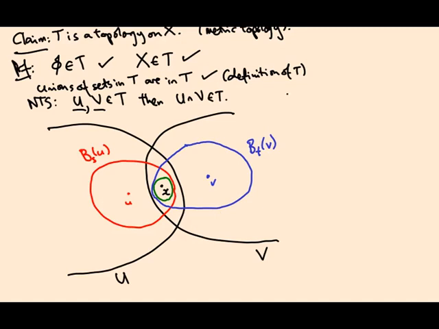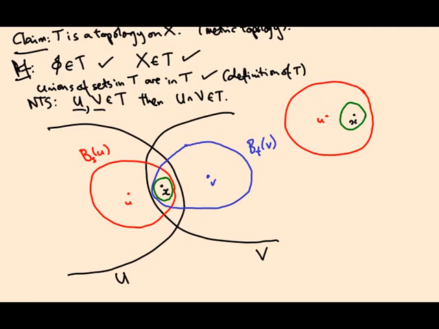So what's that radius going to be? Well, let's see. Here's our U, here's V, sorry, X, and I need to pick a radius such that the ball around X is contained inside this red ball.